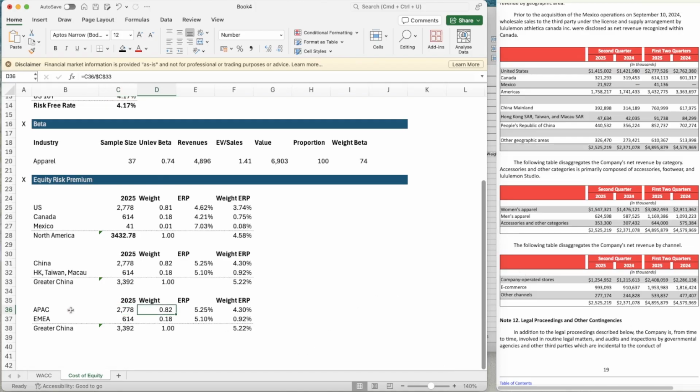So, okay, APAC, let's say 610, we do equals 610.367 multiplied by 0.55.